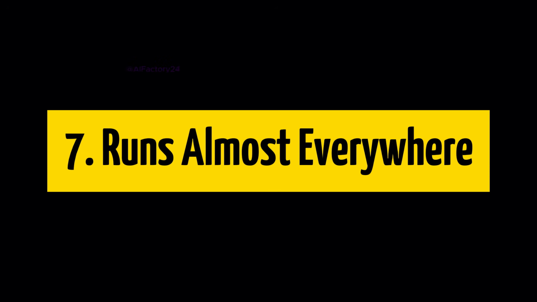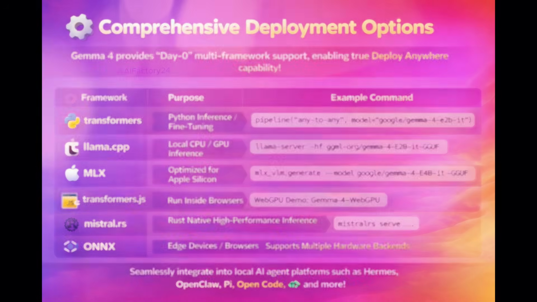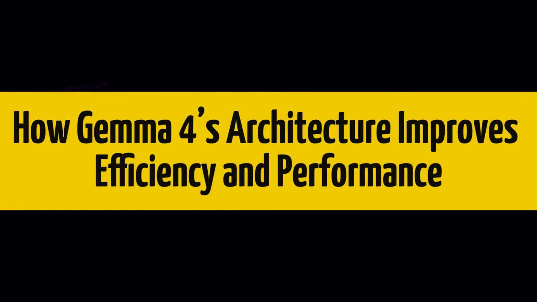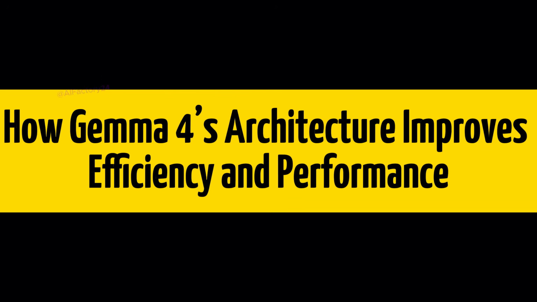Runs almost everywhere. Gemma 4 is supported across many platforms and frameworks, including Hugging Face, Llama.cpp, WebGPU, ONNX. This means you can run it in the cloud, locally on your computer, or even in the browser.